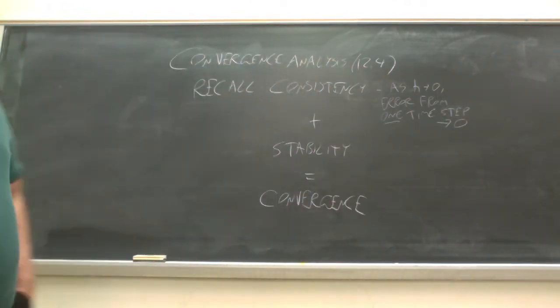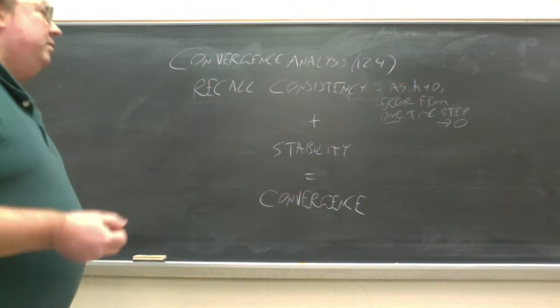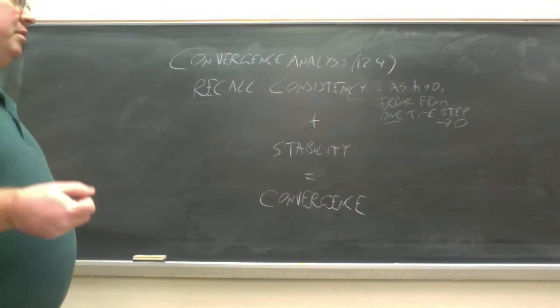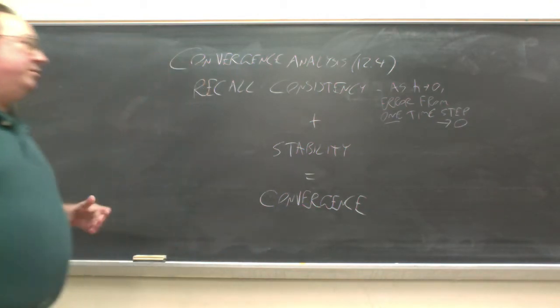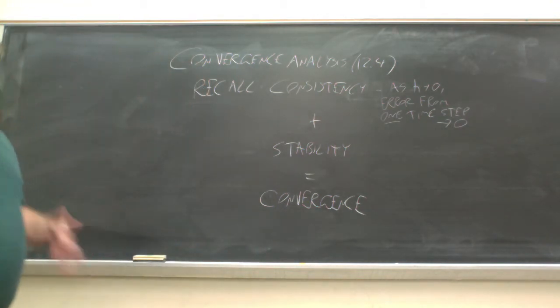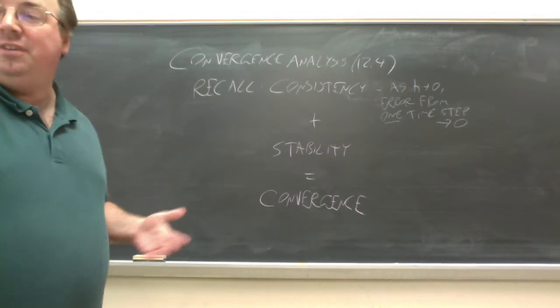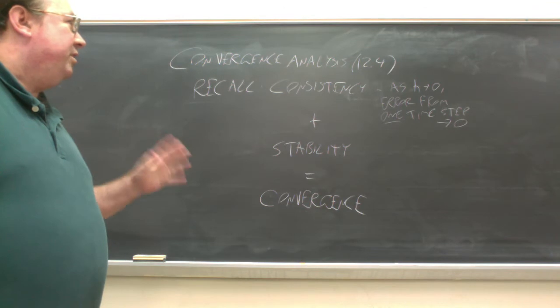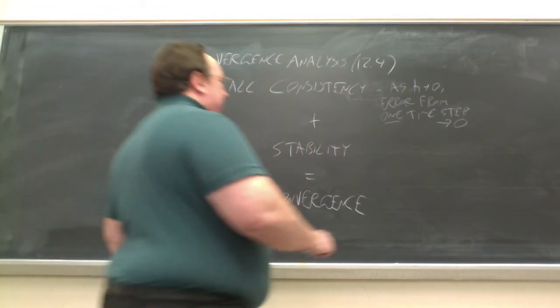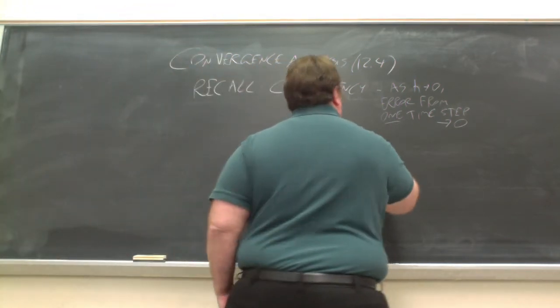And we're not just interested in whether the error from one time step goes to 0, but at what rate. If it goes to 0 at a rate of order h, that's first order accurate. h squared is second order accurate, and so forth. So that's the definition of consistency.